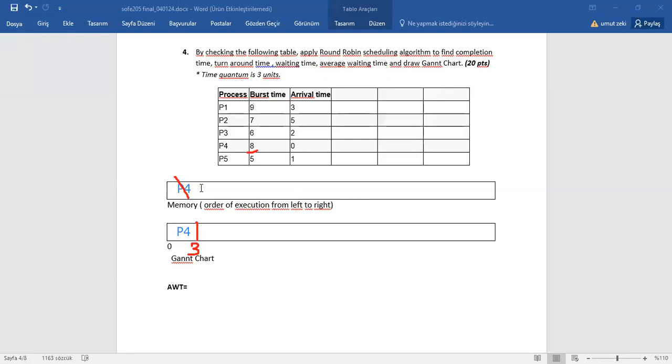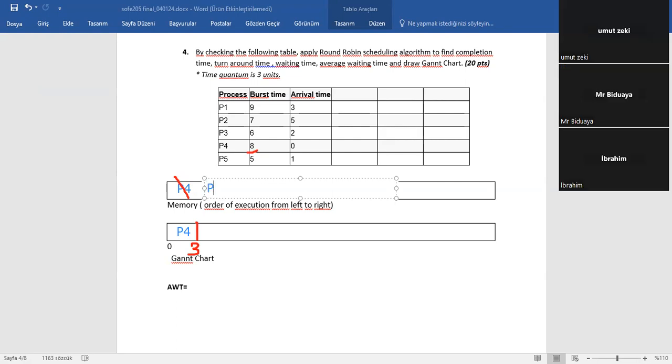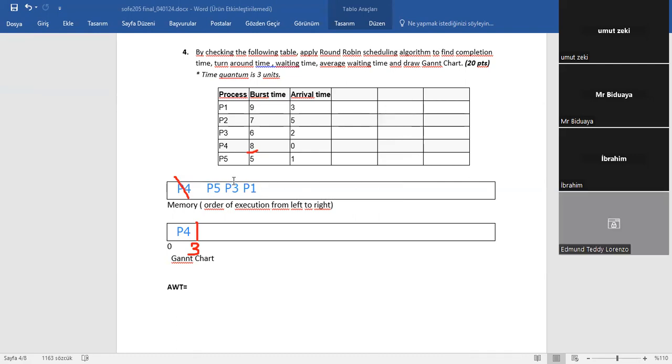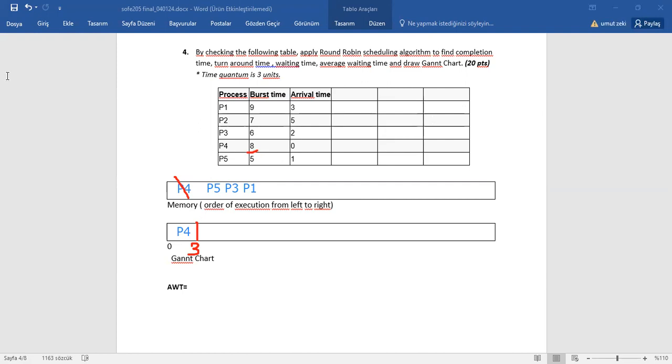But at that time, when time is 3, there are 3 more processes already there: P1 and P5 when time is 1, P3 when time is 2, and P1 when time is 3. So while we put P4, we will put it after these 3 processes.